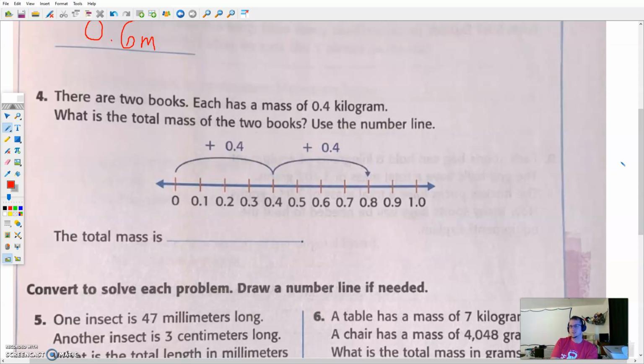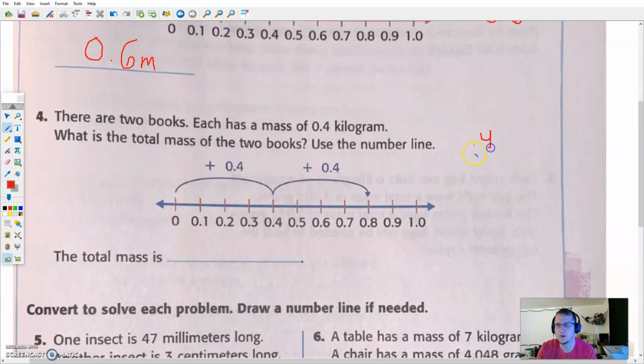There are 2 books. Each has a mass of 4/10 kilogram. What is the total mass of the 2 books? So they've again drawn for us the number line. If each one is 4/10, well, there's 4/10, 8/10. I'm skip counting by 4s. 4, 8.